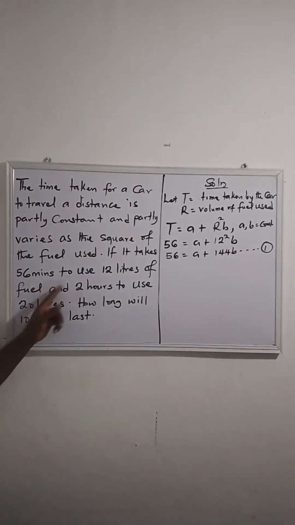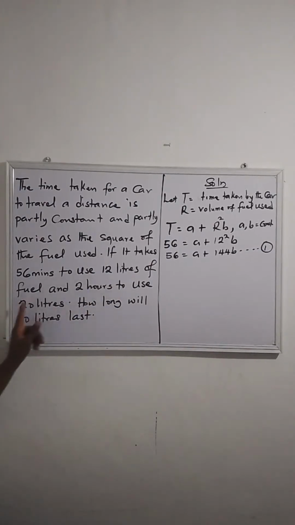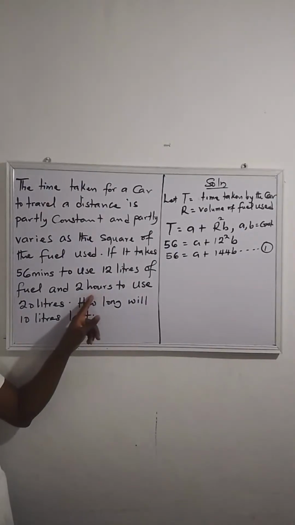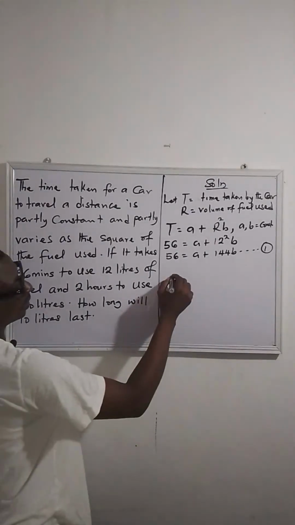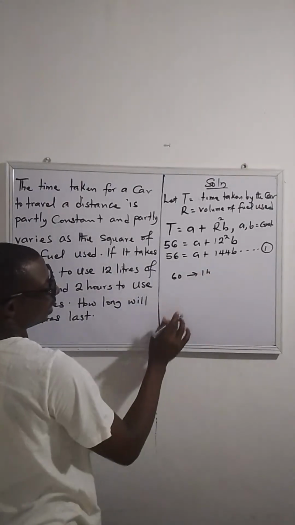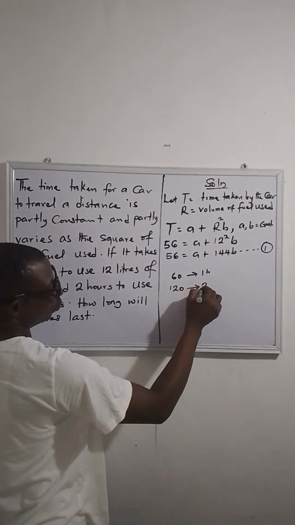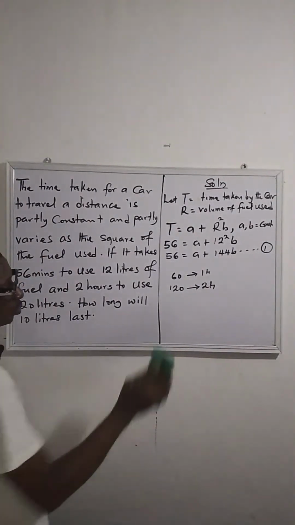Now let's move on. It takes 2 hours to use 20 liters. We convert the hours to minutes: 60 minutes make 1 hour, so 120 minutes is 2 hours.